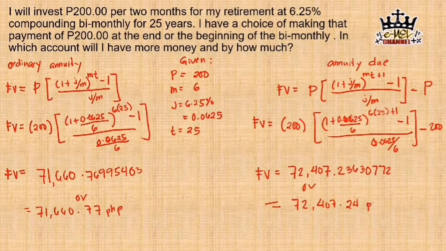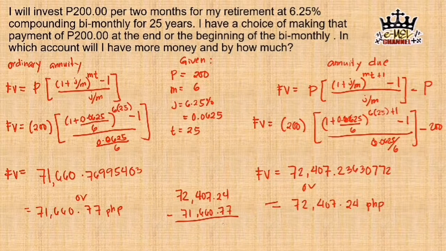Or we have 72,407.24 pesos. Based on the result, the annuity due is more than the ordinary annuity. Of course, we subtract the two amounts to know how much you would gain if you take the annuity due rather than the ordinary annuity.